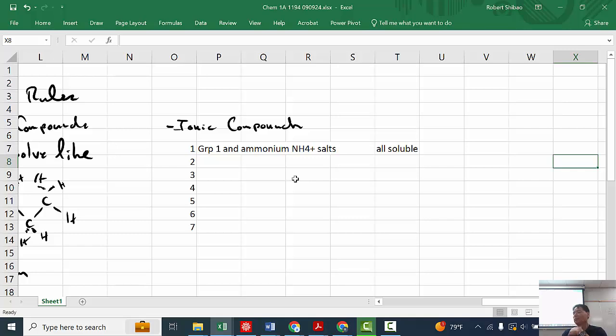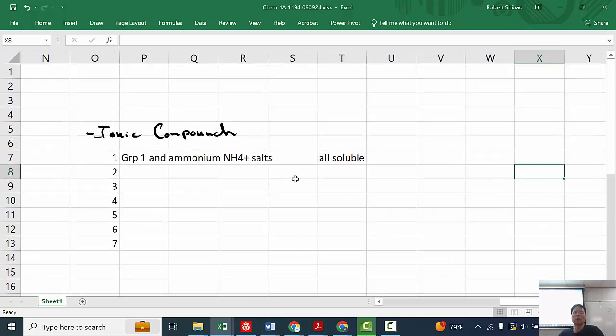Yeah, they're rules. And with rules, there are a lot more exceptions that we expect. So for example, not all group 1 salts are soluble. There is an insoluble one that I can think of right now, but you might not have ever heard of it. It's sodium uranyl acetate. Have you ever heard of that? Probably never heard of it because it contains uranium ion. So it's not very common. We're not going to worry about it.